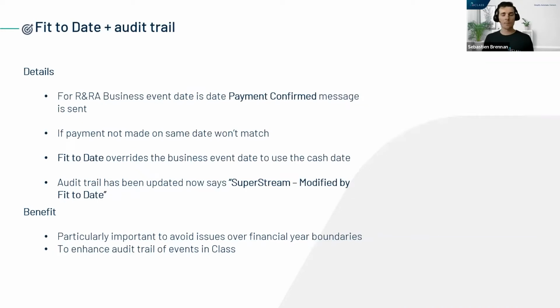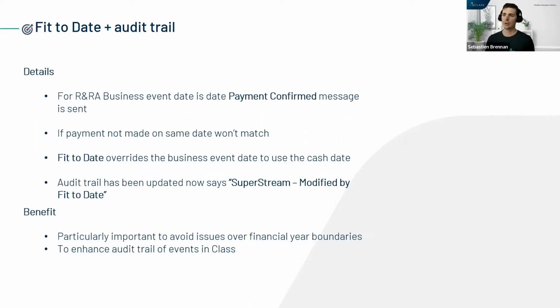The fit to date functionality was introduced recently. For a rollover and release authority business event, the date that is used is the date that the payment is confirmed, or that message is indicated in SuperStream.